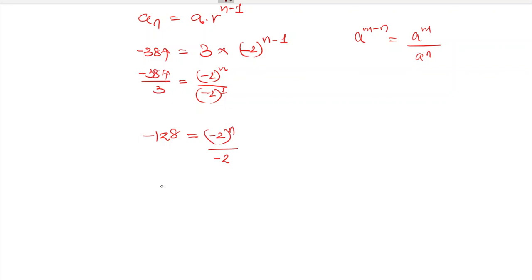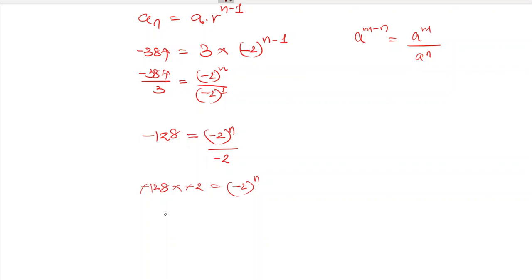Okay, so what I'm going to do is multiply minus 2 to the other side. So minus 128 into minus 2 is equal to minus 2 raised to n. So what is minus 128? If you factorize, first let us cancel this negative sign so that the confusion is gone.